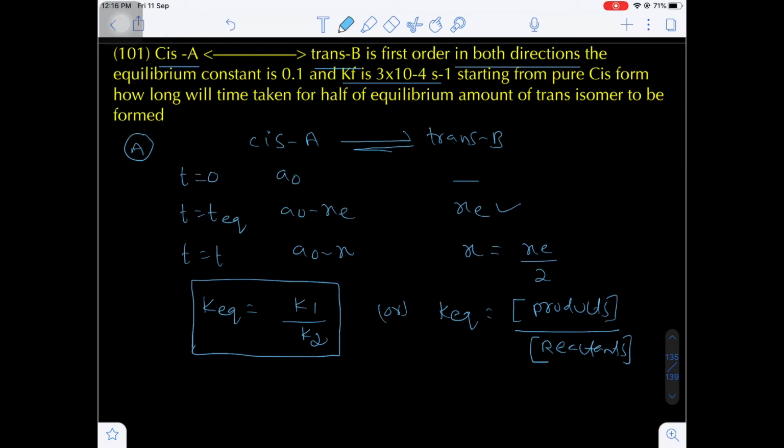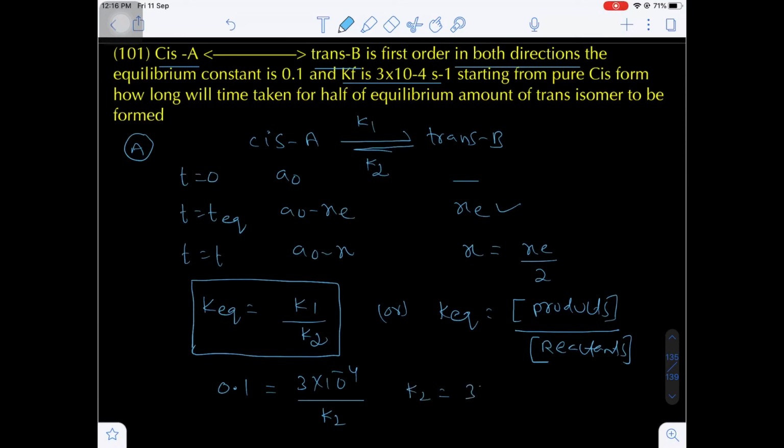Okay, what is the equilibrium constant value given here? 0.1. Okay, what is the rate constant, that is the Kf in the forward direction, given? So K1 will be the forward direction rate constant and K2 will be the reverse reaction, backward direction. Are you getting my point? So what is the rate constant in the forward direction given? 3 into 10 raised to minus 4. So shall I find the rate constant in the reverse direction? Yes. What will be the K2 value?